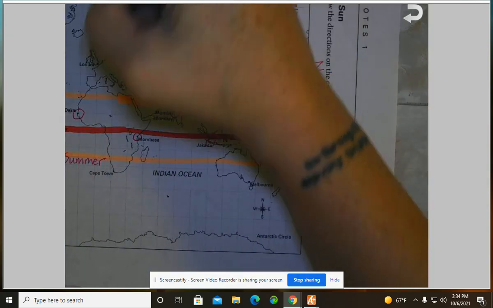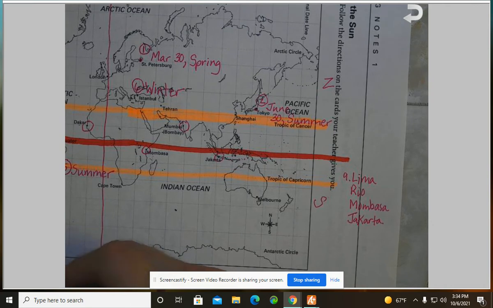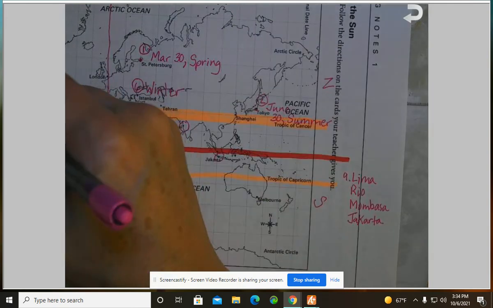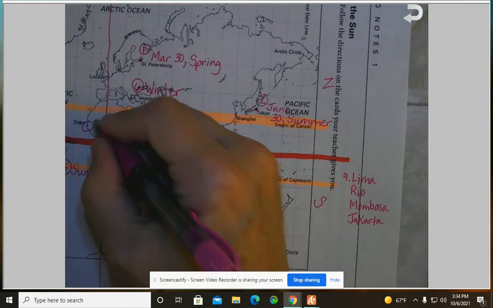However, the prime meridian runs through right here, making the west and the east. So number 10 is going to be Mexico City and Dakar.